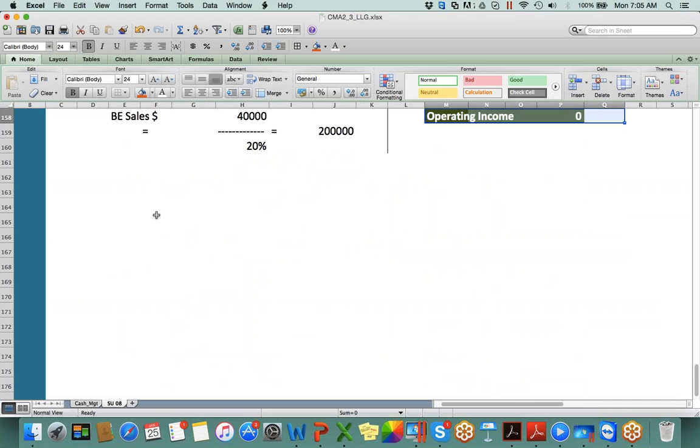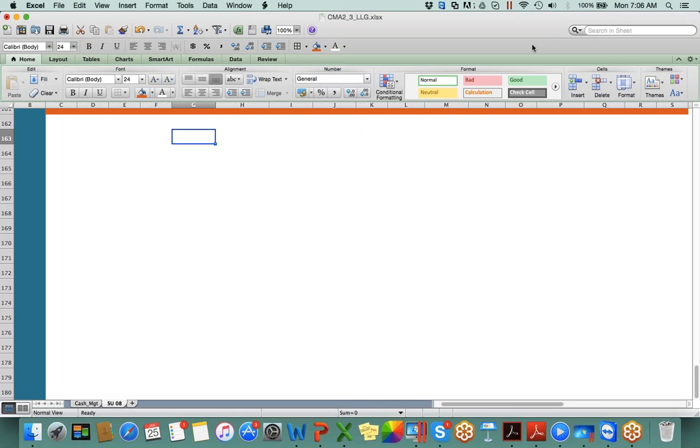Now let us calculate the break-even point with a projected profit, expected profit, or desired profit. BEP with the desired profit. So you should ask very clearly whether it is after tax profit or before tax profit.